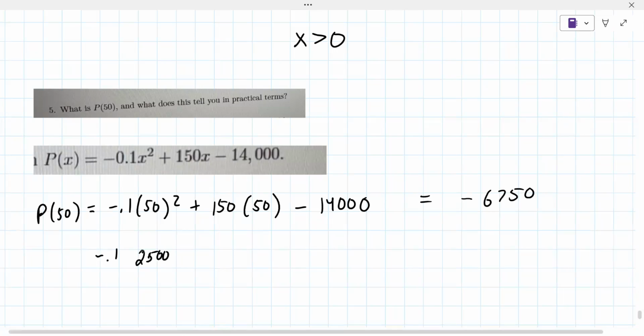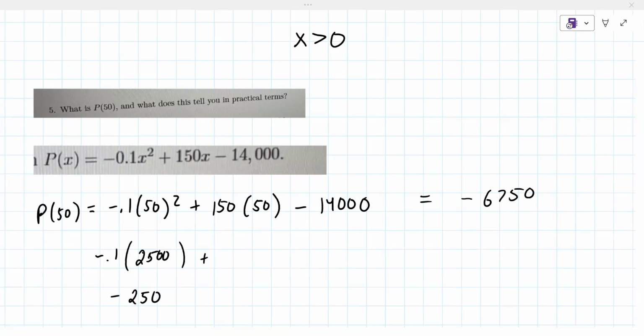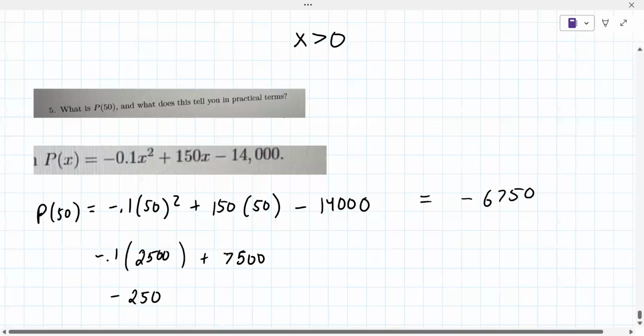Then it's negative 0.1 times that, which is negative 250. 150 times 50 is 7,500. And then you're subtracting 14,000. And then you'll see that that does give you this.